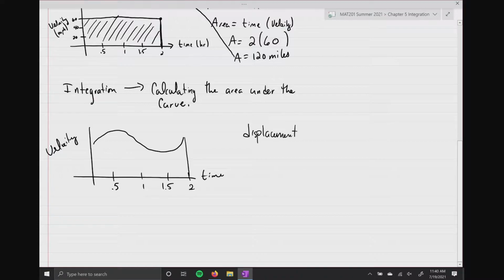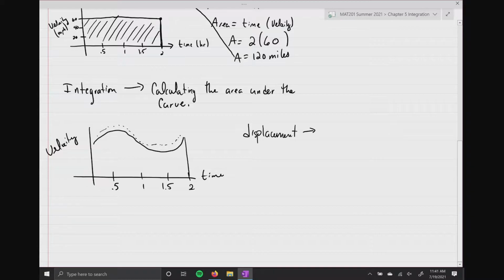Now notice my velocity as we were going on the trip, and I'm kind of just doing dotted lines above it. All right, my velocity changed between 0 and a half hour. Our velocity was increasing. Then from 0.5 to 1, our velocity went down. And then from 1 to 1.5 hours, we kind of leveled off and we started to increase again. And then up to 2 hours, it looks like we were increasing again. The question becomes, what's my displacement?